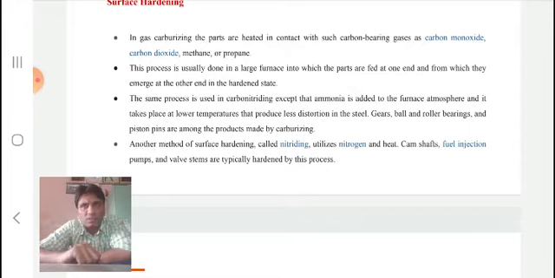Differential thermal expansion is another area in which residual stresses arise.